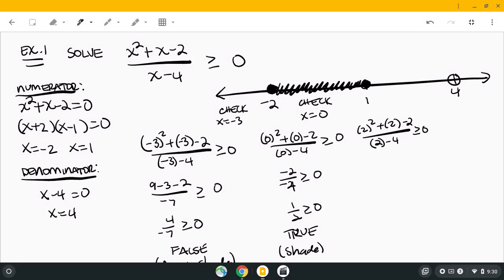Is this greater than or equal to 0? Let's check. 4 plus 2 minus 2. 2 minus 4 is negative 2. And so we get 4 over negative 2. So that's a negative number. That's negative 2. So this is false. So no shade. Don't shade.